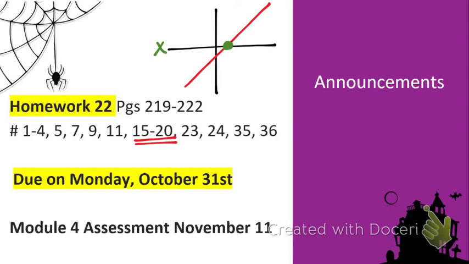We have like 3 weeks, and then we go to Thanksgiving, and then we come back. So it's really over. I'm really trying to help you all, especially those who are really close, pull your grade up so you can get your credit. So focus on 15 through 20. When I call your name, you can see your test, and we can work on our corrections for the last 20 minutes of class.